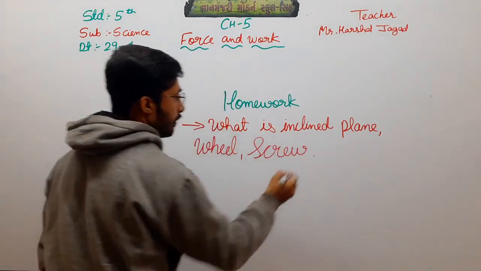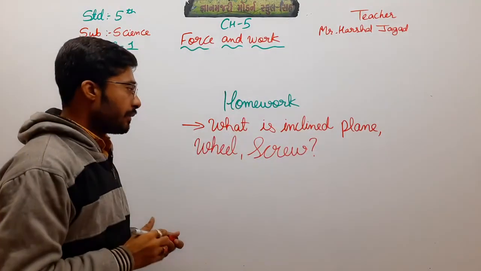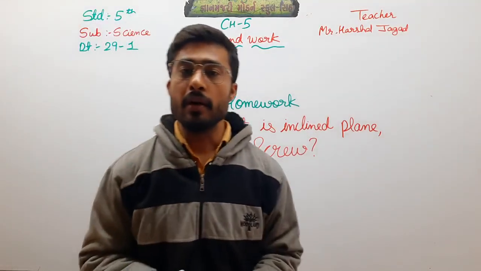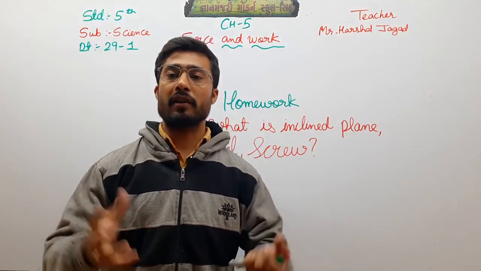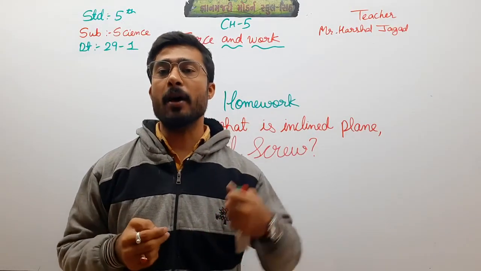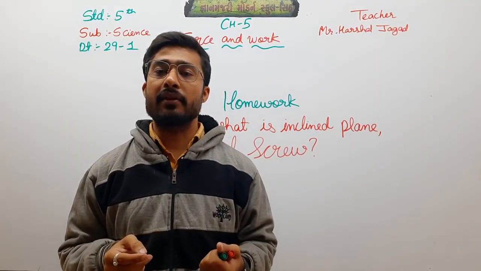Okay. What is inclined plane, wheel and screw, by your own? Just whatever things you get in your mind, you have to write that and submit in your respective group.